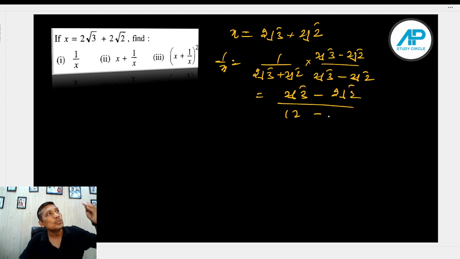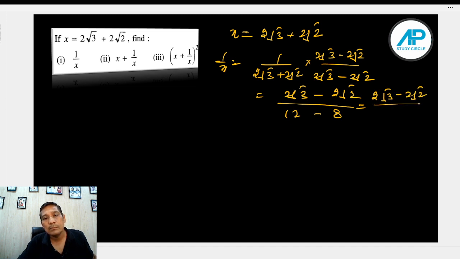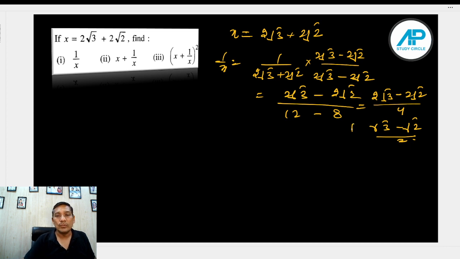Square of 2 root 2: 2 into 2 into root 2 into root 2, 2 times 2 is 4 into root 2 is 8. Take one 2 common from the top. Root 3 minus root 2 upon 2 is the value of 1 upon x.